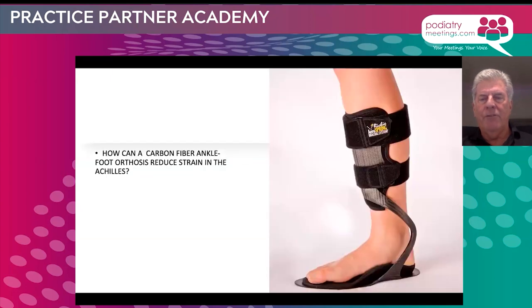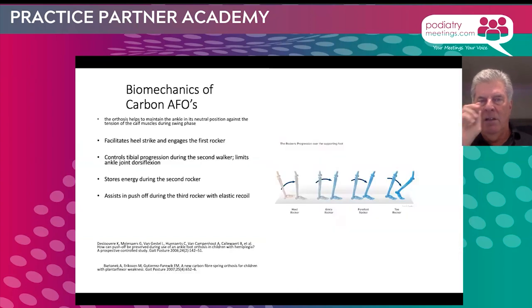Carbon fiber AFOs have become more and more popular in the orthotics industry. And multiple research has unveiled the way these AFO braces function throughout the walking gait cycle. During swing phase, they maintain the ankle in a neutral position, so that can be desirable in some cases of Achilles tendon injury.